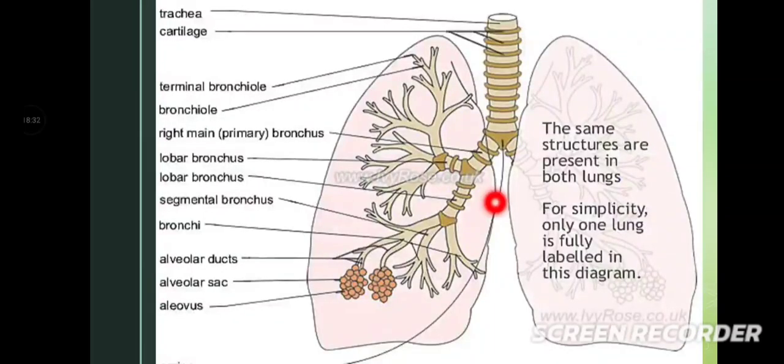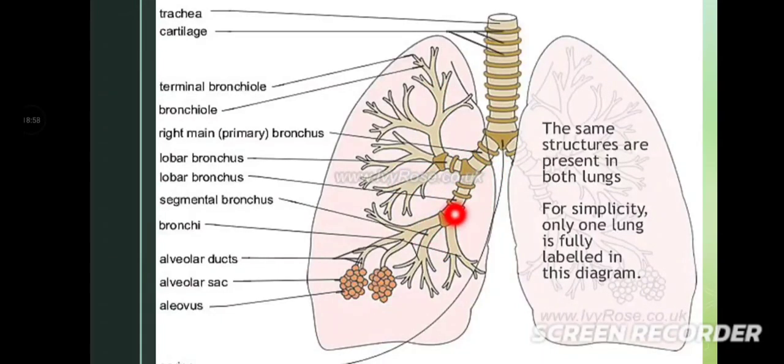So this is our tracheobronchial tree. You can see the trachea there, surrounded by these cartilaginous rings, and at this point they bifurcate, with the primary bronchi going to each lung. Then these primary bronchi divide further to form secondary bronchi, and the secondary bronchi go to each lobe.